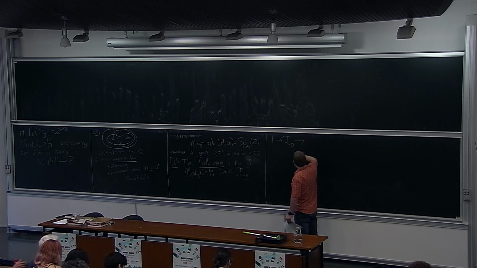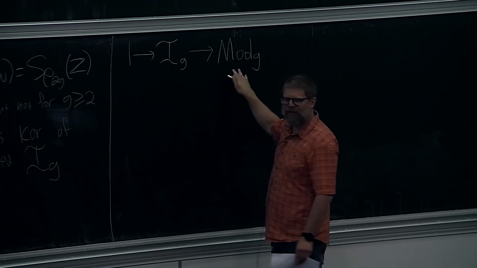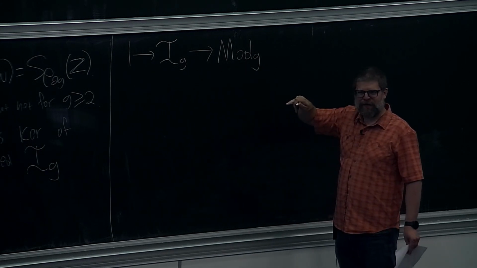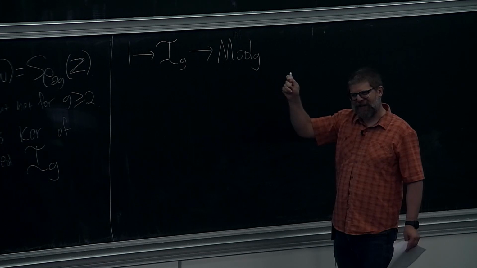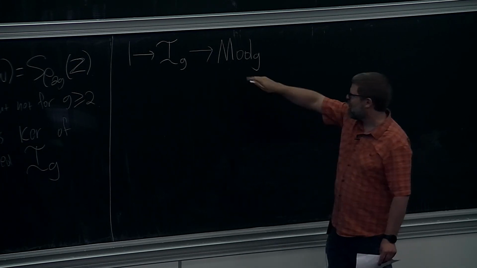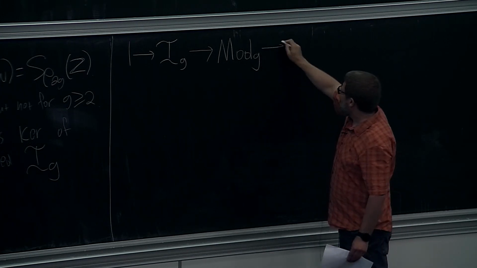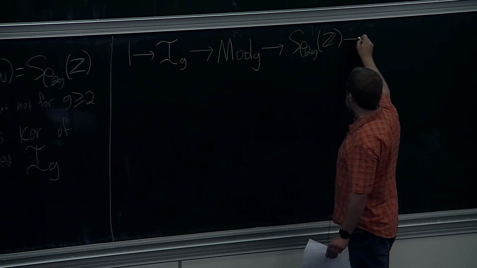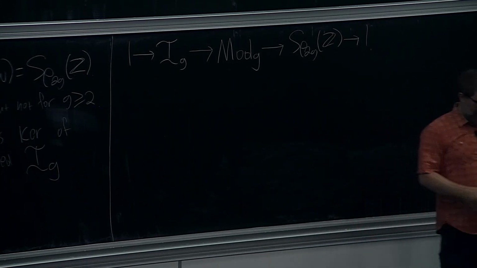So one goes to I sub g, the mapping class group, of course, I'm already using sort of strange notation. The mapping class group is Mod sub g. You can blame Benson Farb on that. He browbeat me into saying that, you know, it's not MCG, that looks like Miller Genuine Draft, it's Mod sub g. And then that goes to the symplectic group.